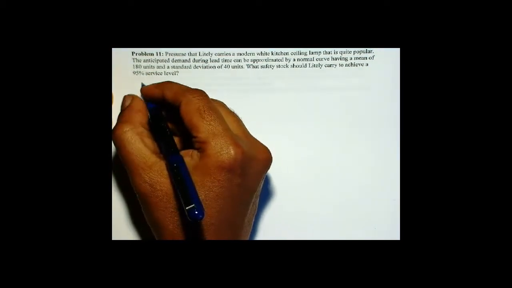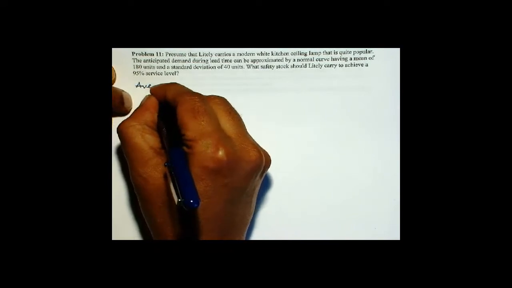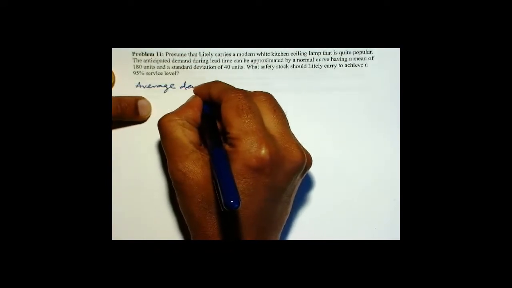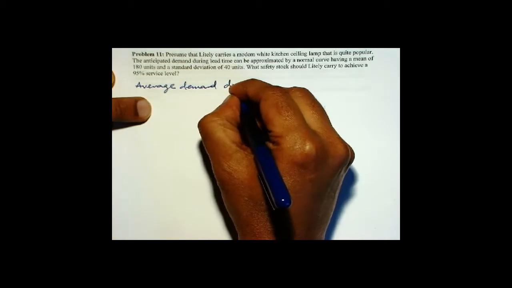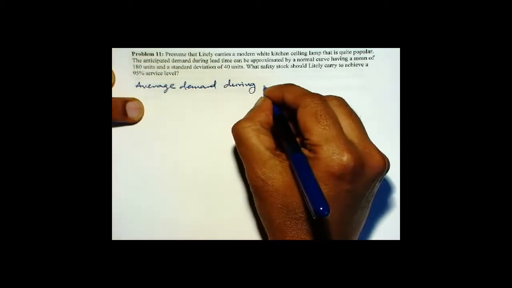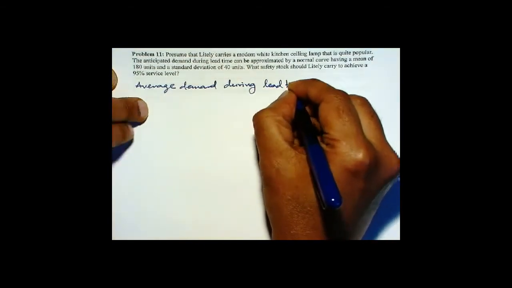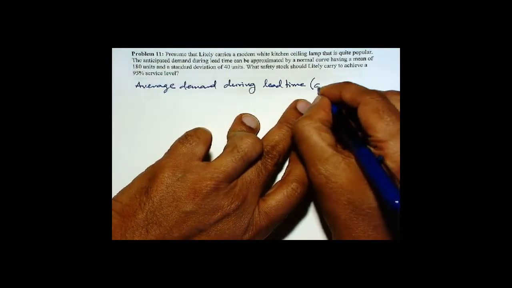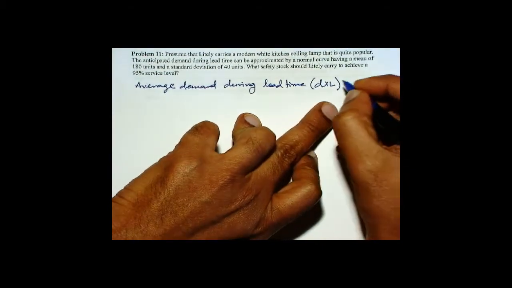So here, average demand during lead time, so this is the average demand, which is D times L, that is given as 180.